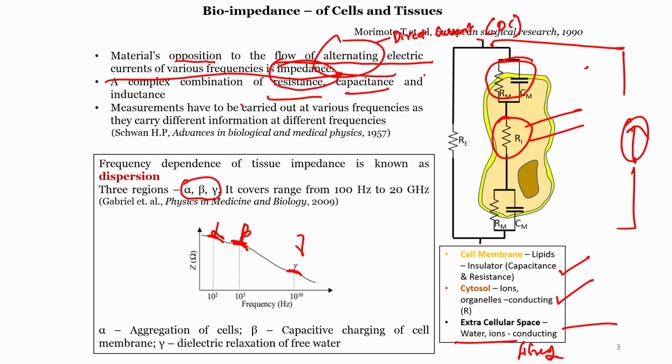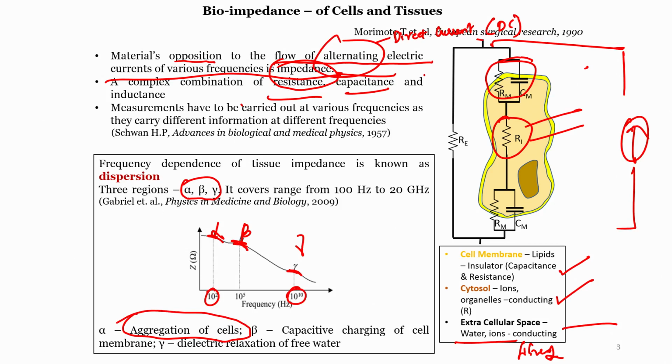It covers a range from 100 hertz to several gigahertz, up to 20 gigahertz. Now what causes these dispersions? The alpha dispersion is majorly contributed by the cells coming together, the cells in the tissue.